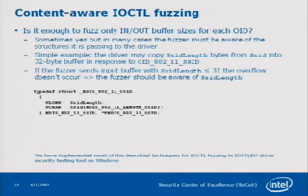Sometimes it is enough, but in many cases the fuzzer must be aware of the structures it is passing to the driver. Simple example: the driver may copy SSID-length bytes from the SSID into a 32-byte long buffer in response to the OID 802.11 SSID object identifier.